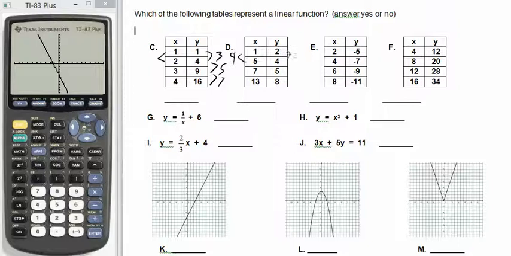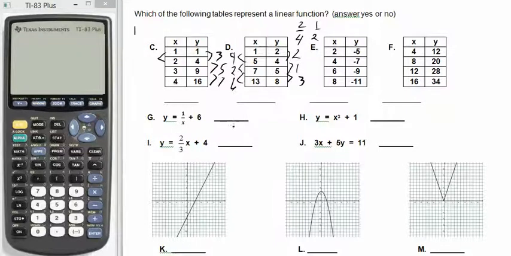So that goes up 4 and that goes up 2, so that would be 2 over 4 is 1/2. This goes up 1, this goes up 2, so that's 1 over 2 is 1/2. This goes up 3, and this goes up 6, so 3 over 6 is indeed the same as 1/2. So yes, this one is linear.